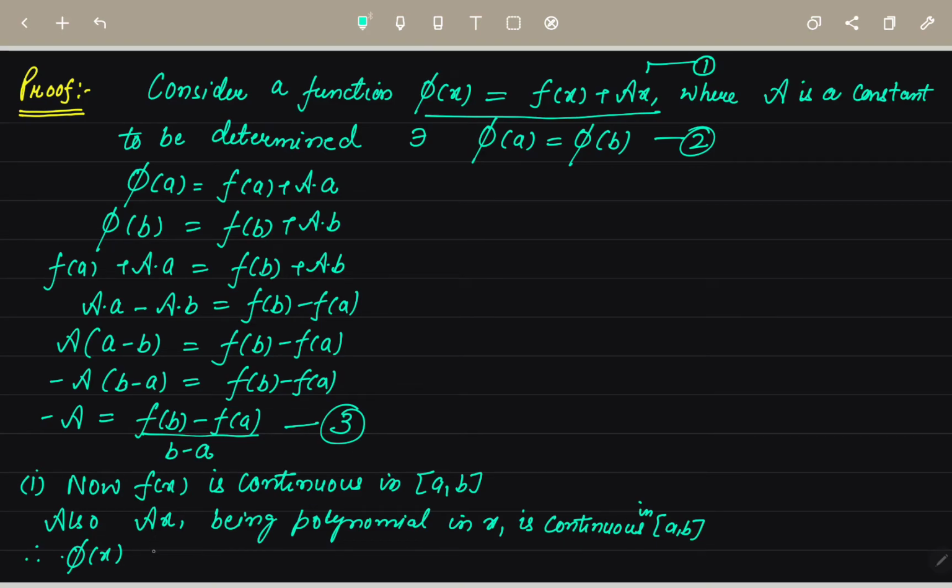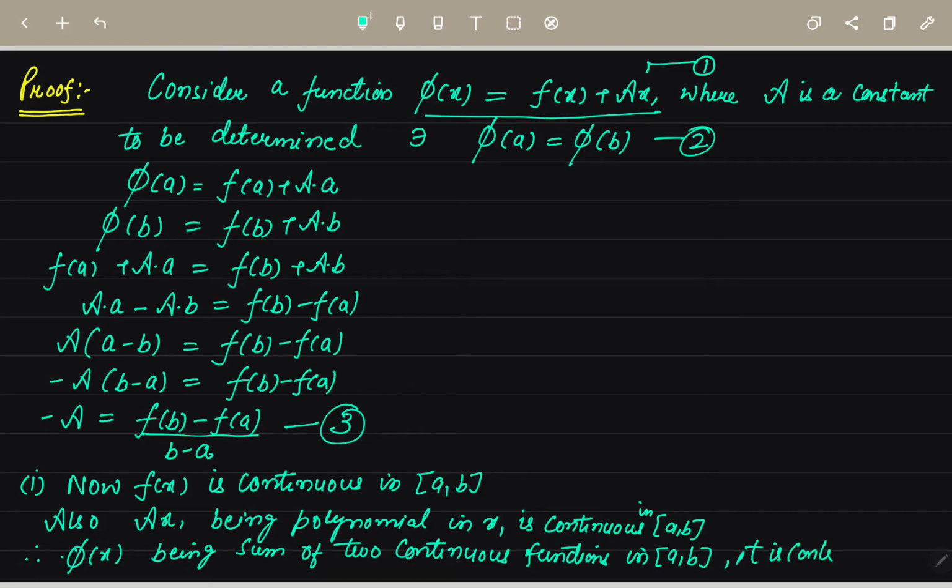So I will write here: phi x, being a sum of two continuous functions in the closed interval AB, is therefore continuous in the closed interval AB.